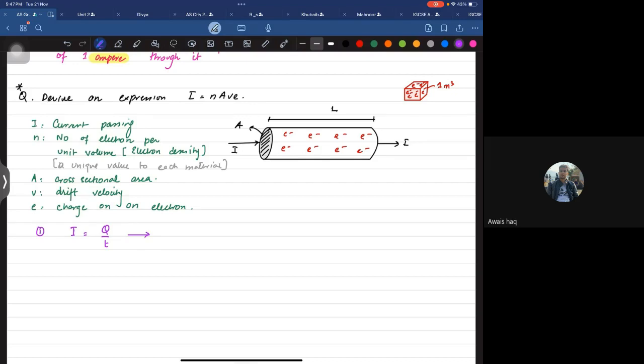Now we don't know what the charge is, but we can find it if we know the charge over volume. Now, what is the charge over volume? Obviously, N is the number of electrons per unit volume. And if I multiply by the charge on each electron, it's going to give me the total charge per unit volume. Do you guys understand that?